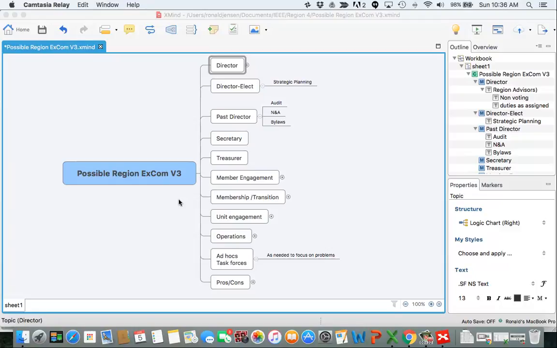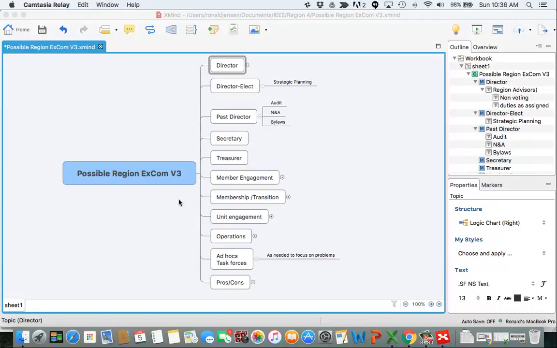So I kind of wanted to walk you through this, and probably the best place to begin is talking about what it is we're trying to achieve. From a region standpoint, our mission is to support the members within the region, and also to support the volunteers within the region.